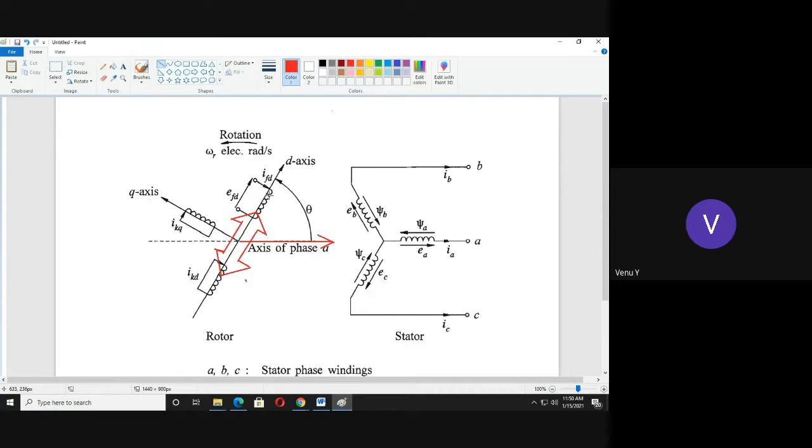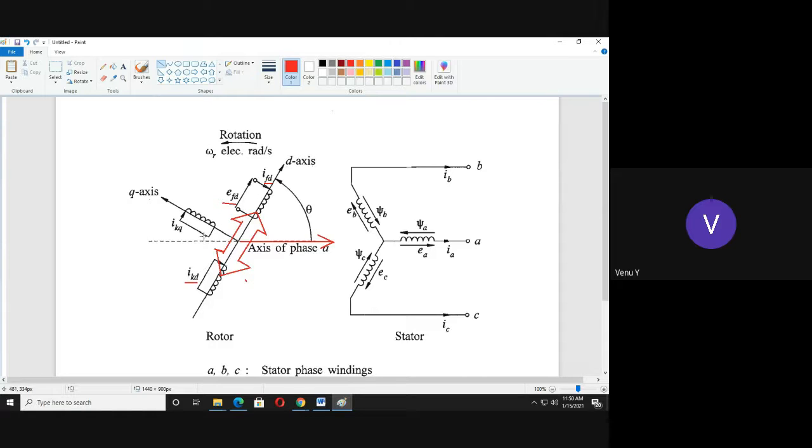The current flowing through the field winding is IFD, and the supply voltage of the field winding is EFD. One damper winding is placed on the d-axis, which is short circuited, and the current flowing in the damper winding is IKD along the d-axis.